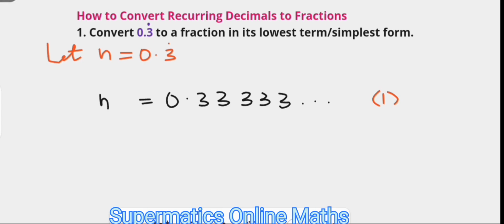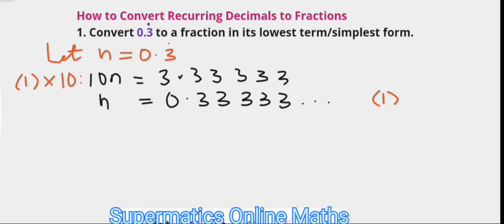Then we multiply equation 1 by 10. When we multiply by 10, the left hand side becomes 10n, while on the right hand side, the decimal shifts one place to the right, giving us 3.333, and the 3 will still continue on forever. Now notice how we align the numbers and the decimal point. It is very important. So all we do now is to subtract the first equation from the second one.